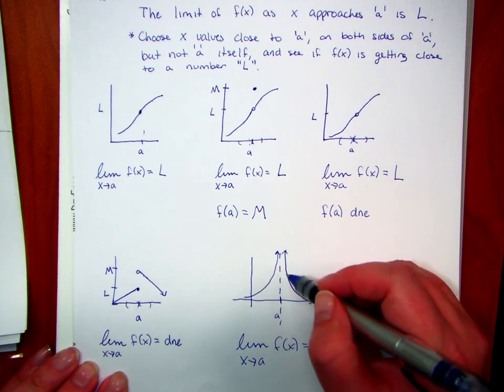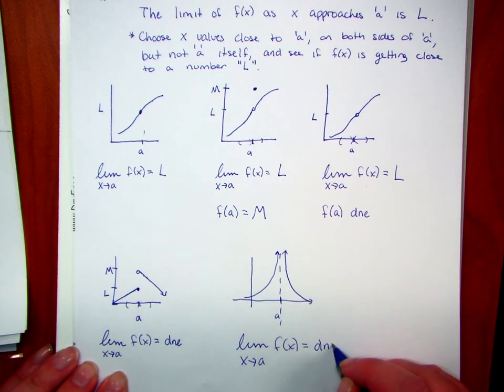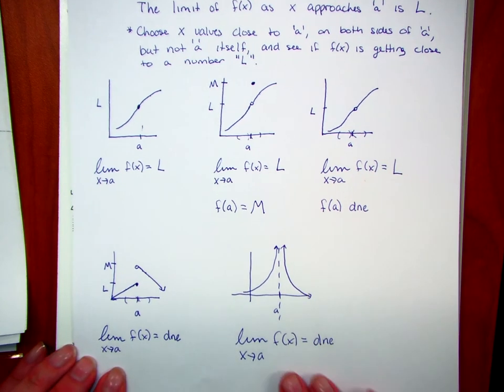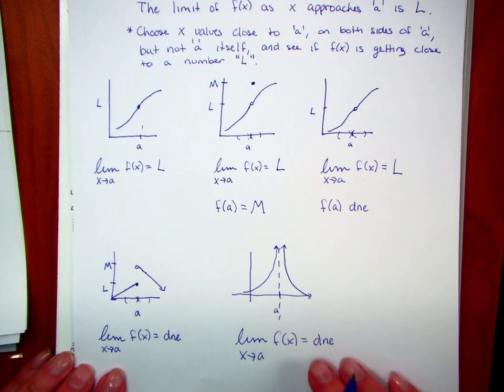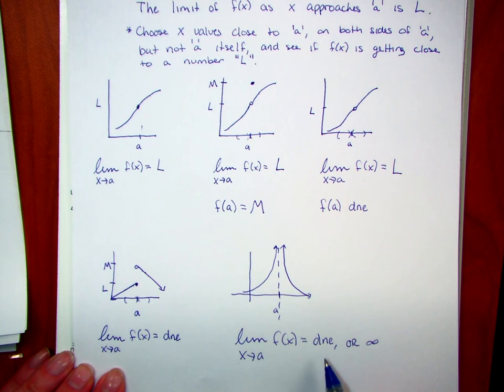And because we can't equal infinity, we say this limit does not exist. Now, in some instances we will write infinity here, but technically this limit does not exist because you can't let a limit equal infinity.